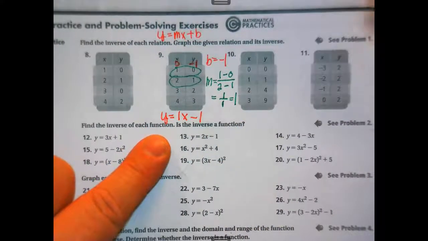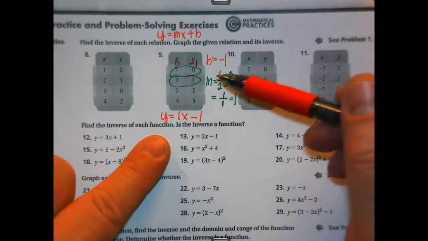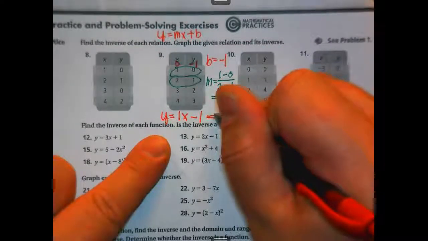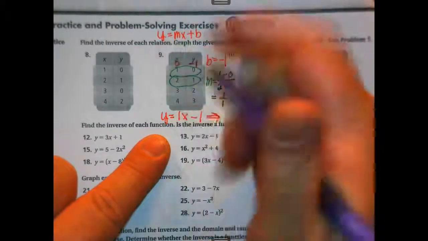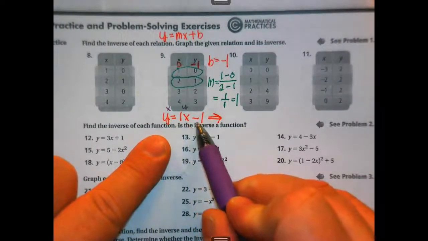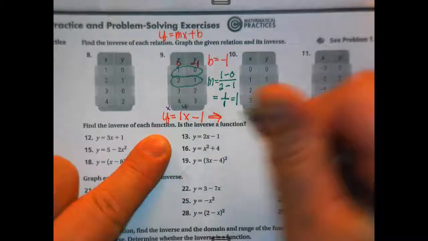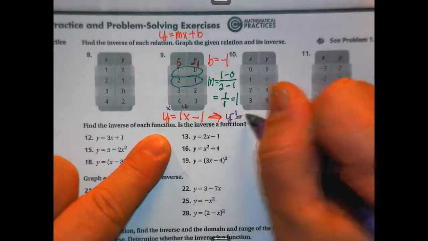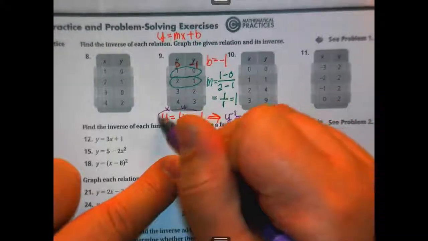So there's my original function for this t-chart. To find the inverse, I would switch the x and the y and then solve for y. All I do is add 1 to x, so my inverse is y equals x plus 1.